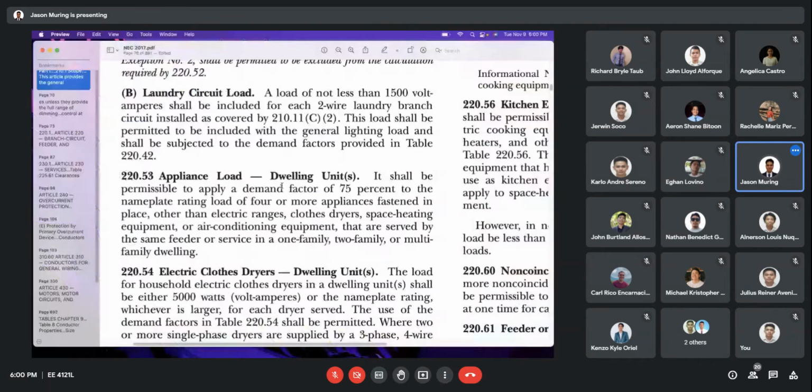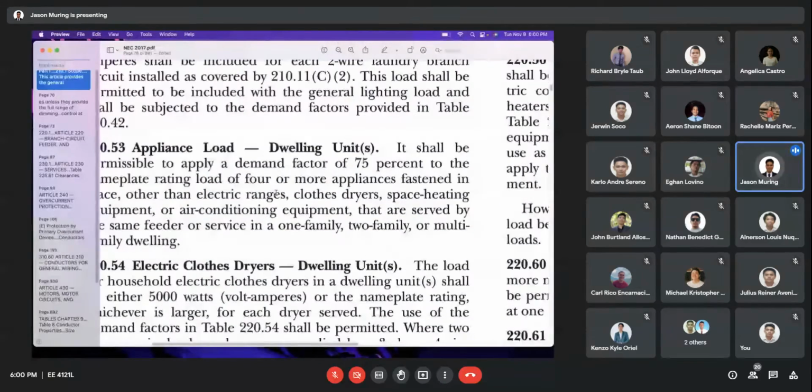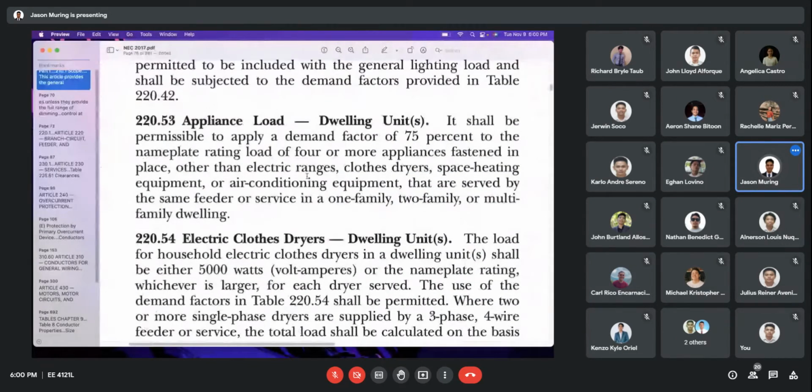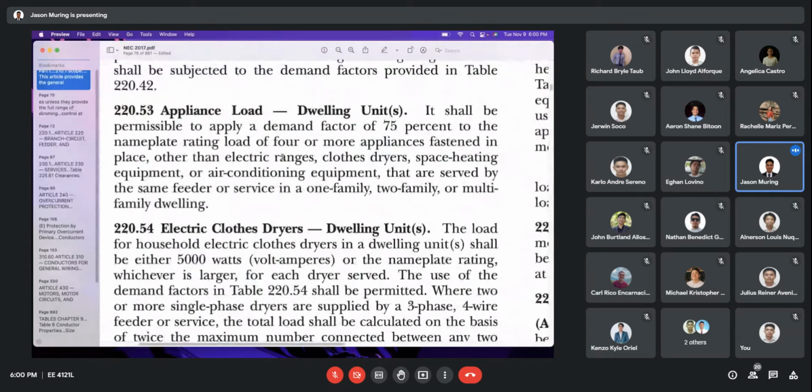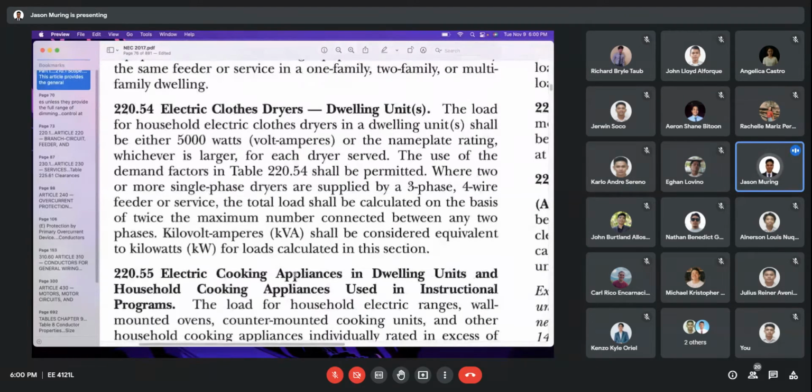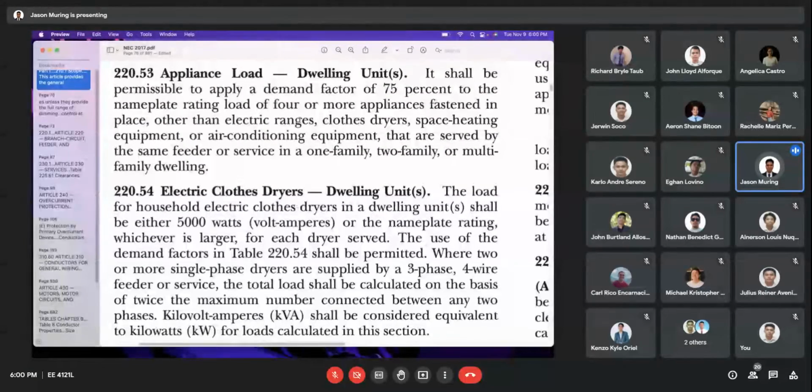Any fixed-in-place appliance, other than the exceptions. We have electric ranges, which are also fixed in place, but since there's another provision for electric ranges, they're separate. Also clothes dryers, also fixed in place, but again there's another provision for that, as well as space heating.